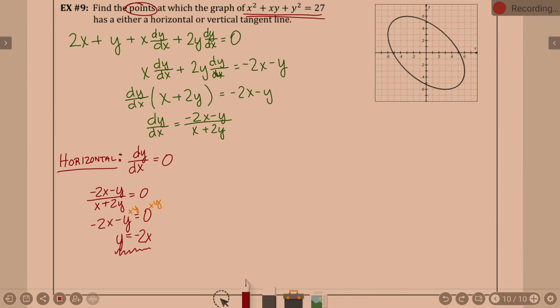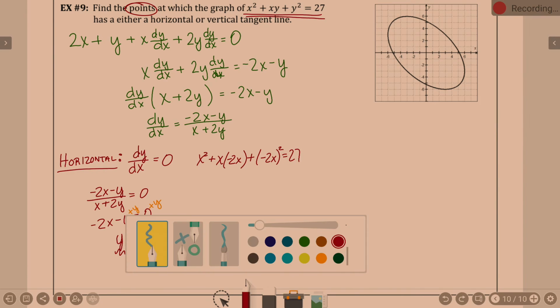So x squared stays x squared, plus x times negative 2x, plus negative 2x squared, equals 27. Are you with me? Yes.